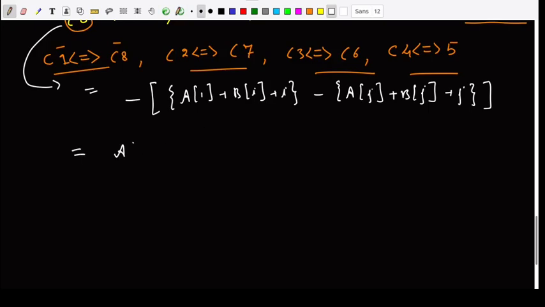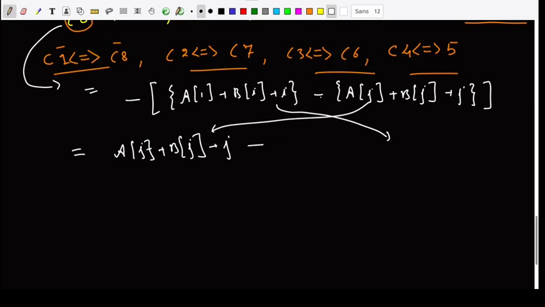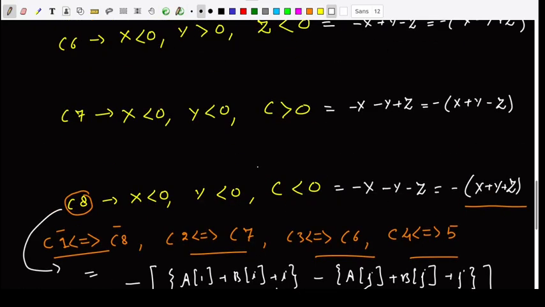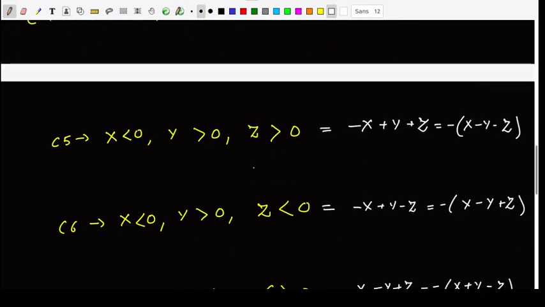So this becomes aj plus bj plus j minus, so I'm writing this term here and this term here, right, and the negative sign, this becomes plus and so on. ai plus bi plus i, right? This will be there. Okay, so this is case 8 and the first one was case 1.